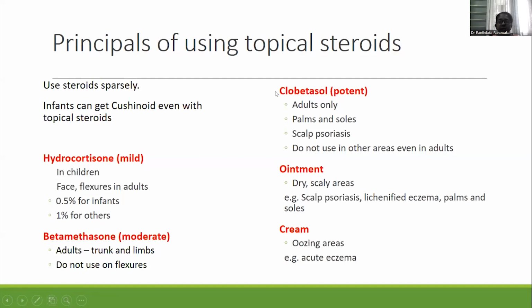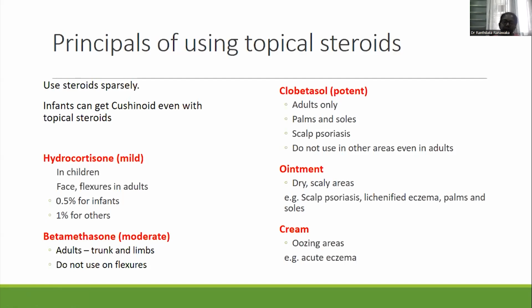Clobetasol is a potent steroid we use only in adults, and even in adults, only for palms and soles and scalp psoriasis. Do not use it in other areas, even in adults.